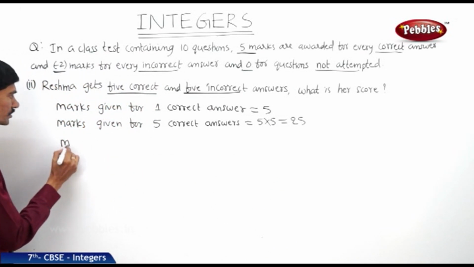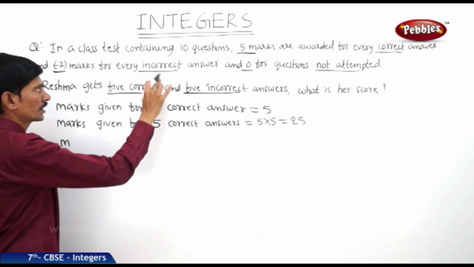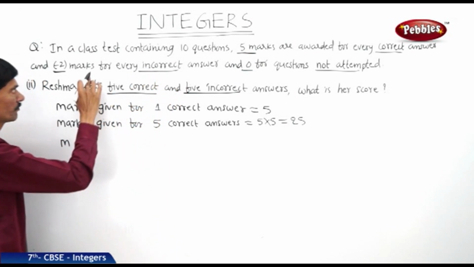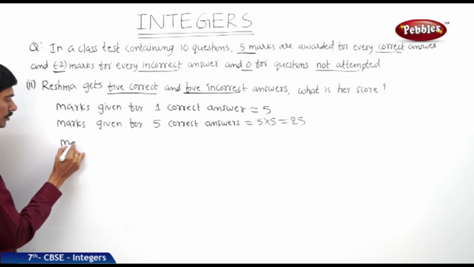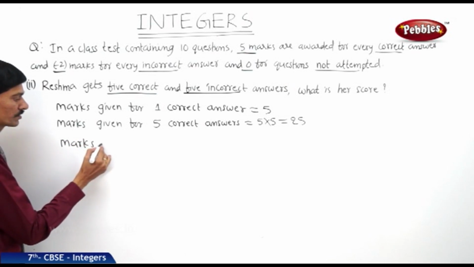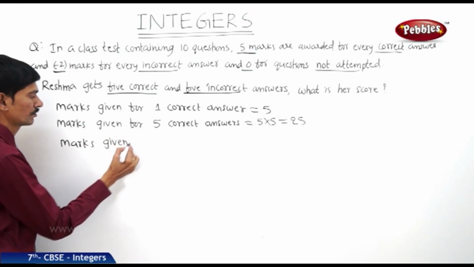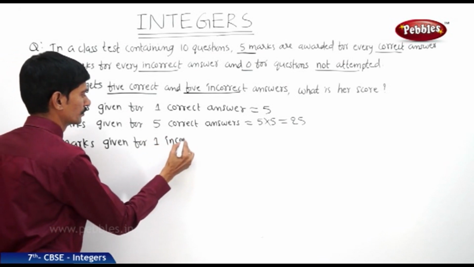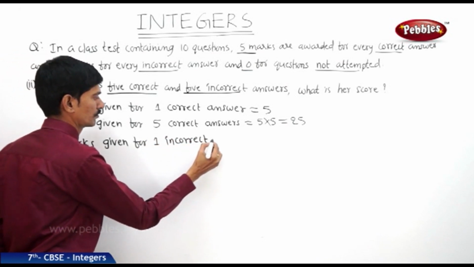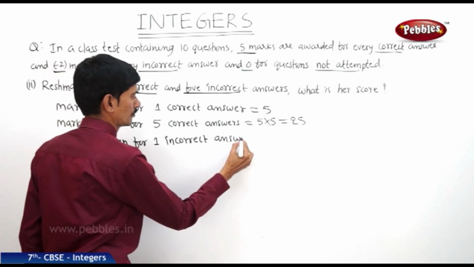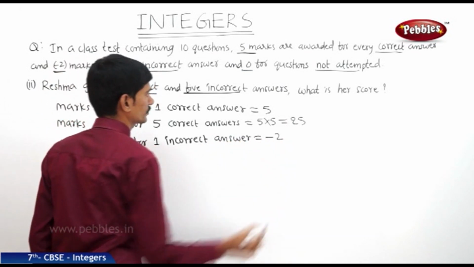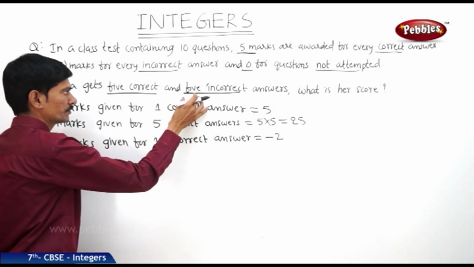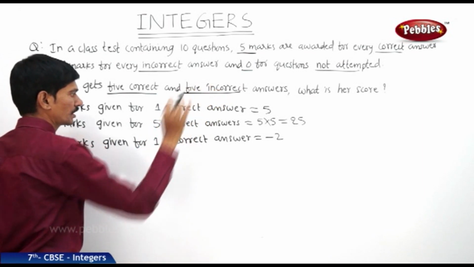And how many marks are given for 1 incorrect answer? So minus 2 marks are given for 1 incorrect answer. So we will write the statement: marks given for 1 incorrect answer equals minus 2. Then we have to find the marks given for 5 incorrect answers.